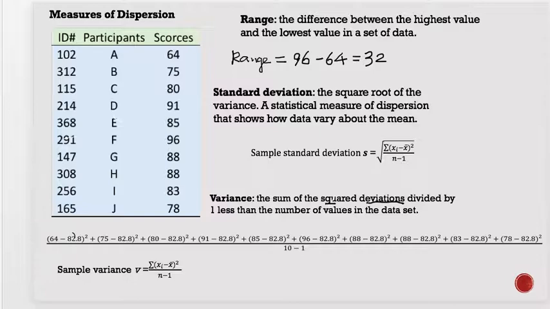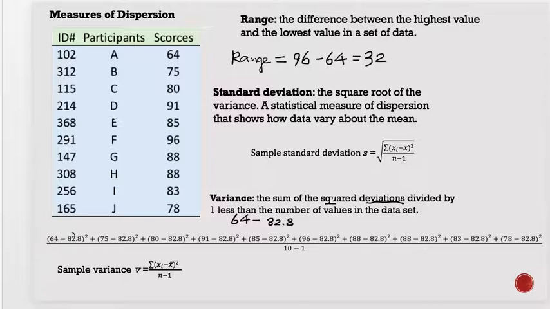Deviation is, for every data point, the value of the data point minus the mean of the data set.